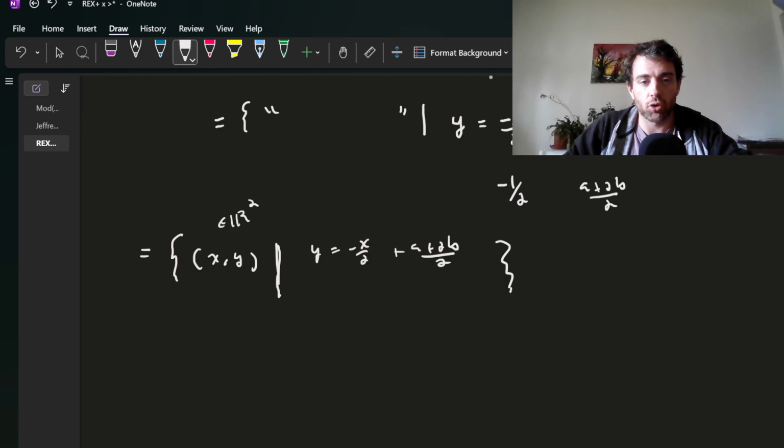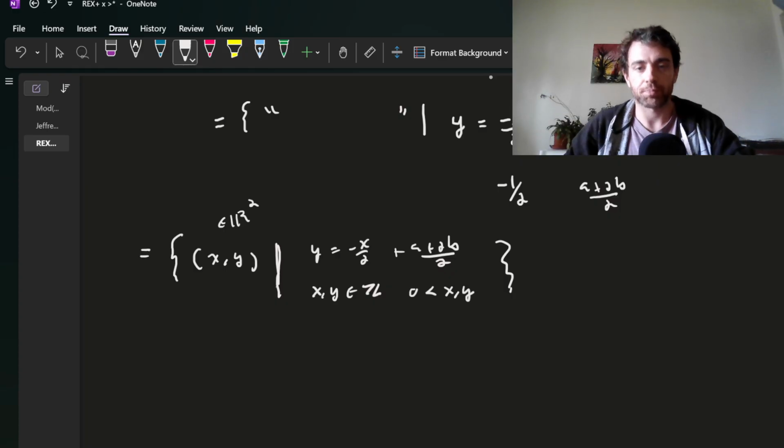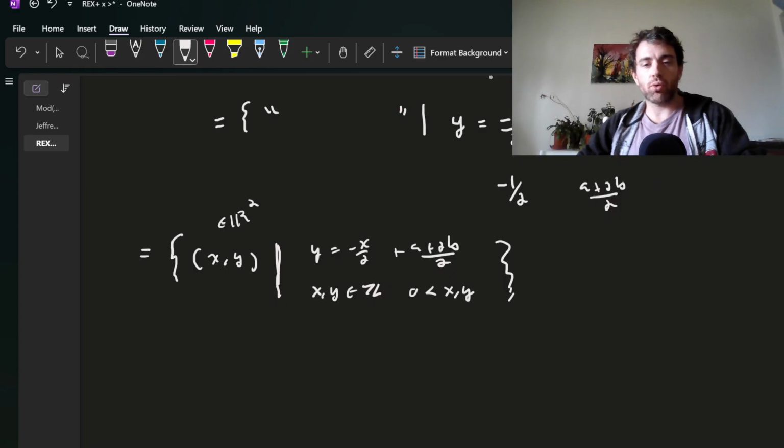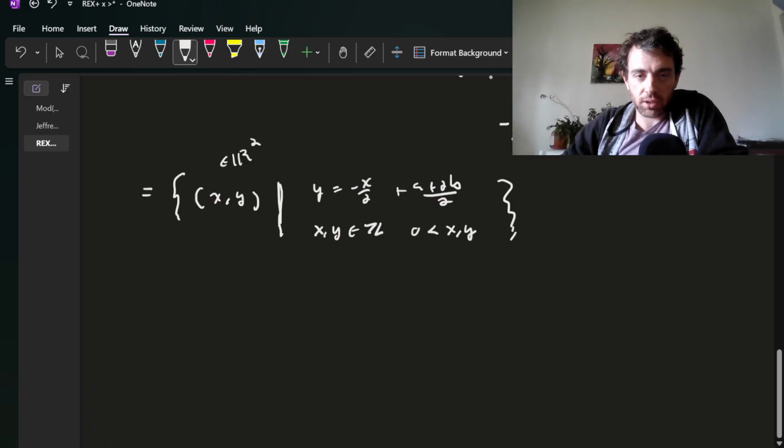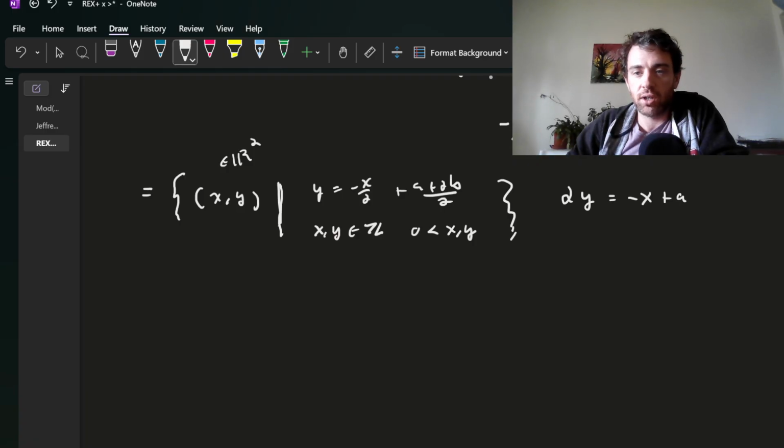So where we want, of course, x and y to be integers, and we want both x and y to be greater than 0, right? So if I rearrange this formula a little bit, so that we have the formula 2y is equal to minus x plus a plus 2b, we can see that this condition actually forces this term to be even, right?